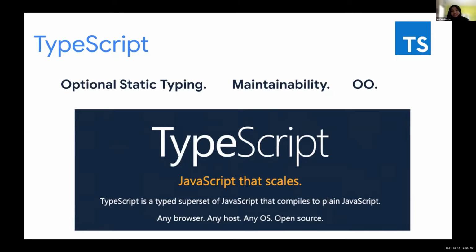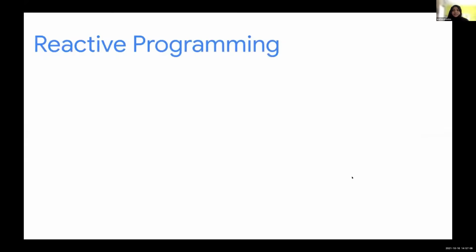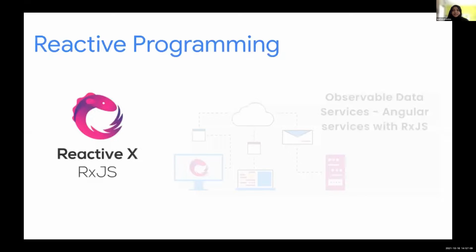It allows you to define types for JavaScript. So you can have these interfaces, you can have these types, which are like classes, and you can define, okay, this is how my API response is going to look like. It gives you more maintainability, and that's what we're looking for as developers, right?